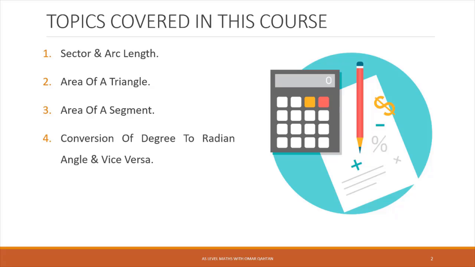We'll see the conversion of degree to radian angle and vice versa. And finally, I will walk you through multiple past paper questions step by step so you know exactly how to handle these questions in the final exam. So, let's get started.